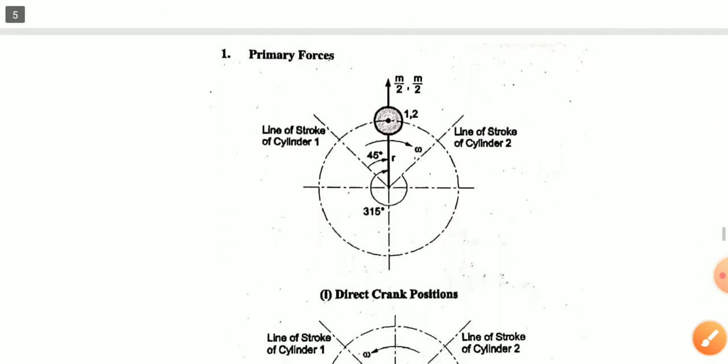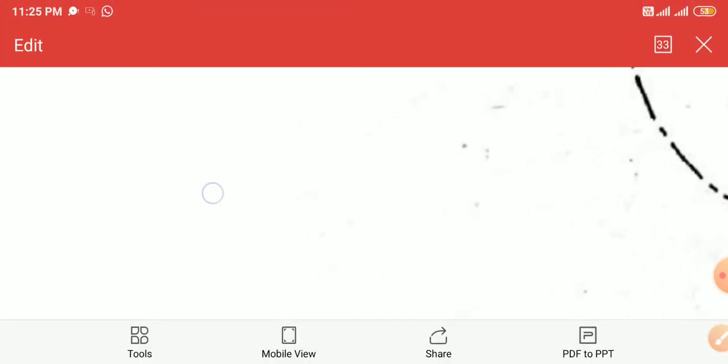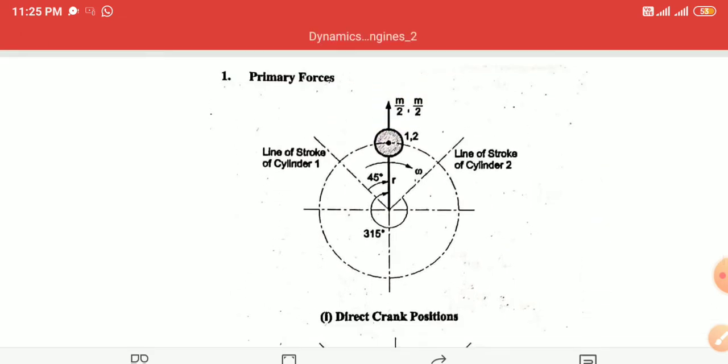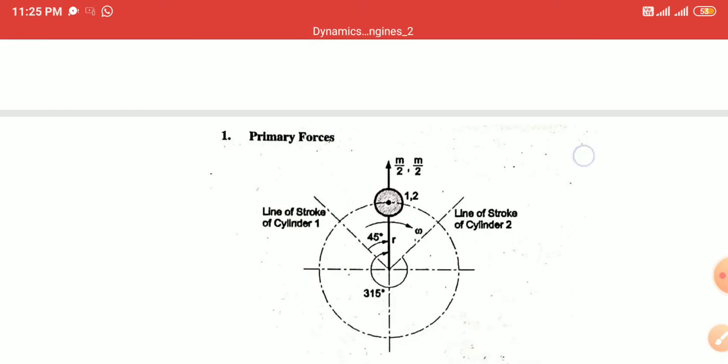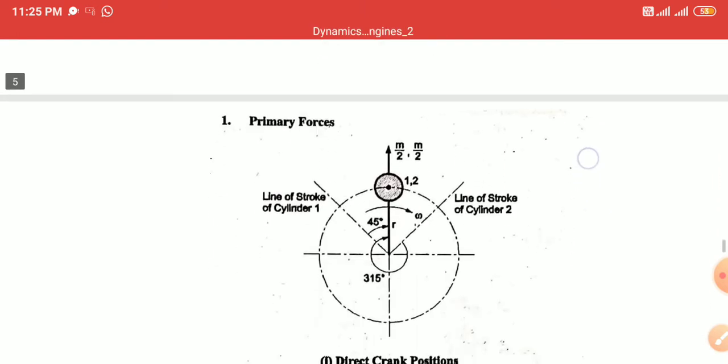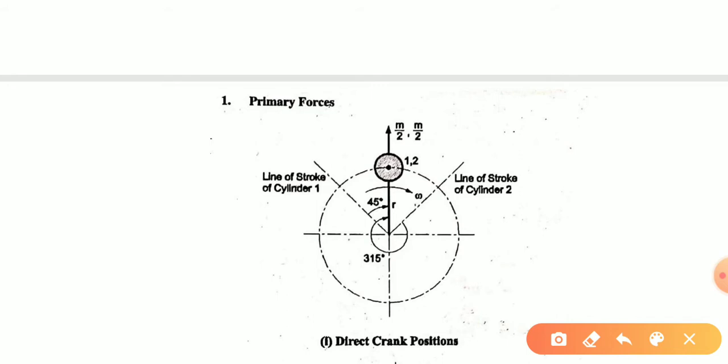Now as we know, the primary force is acting as follows. This is the line of stroke, the first one with theta 1 of 45 degrees, so one will be acting in this direction with m by 2, and for the second cylinder the angle is 315 degrees.